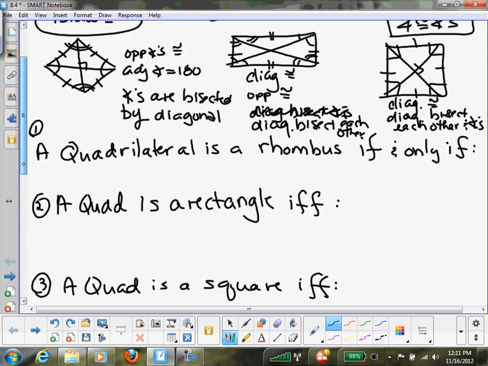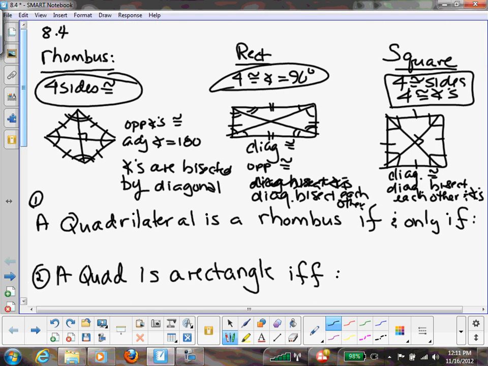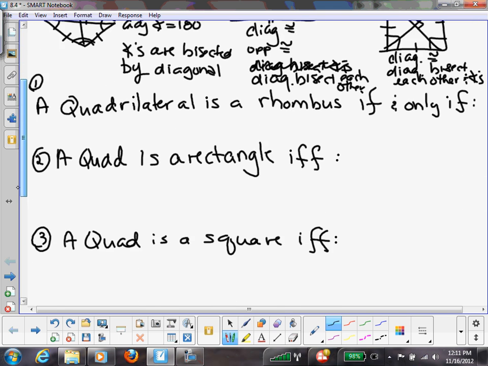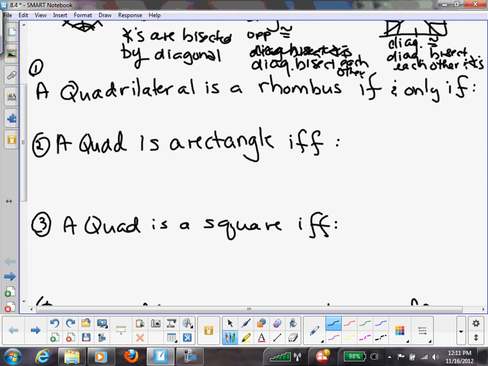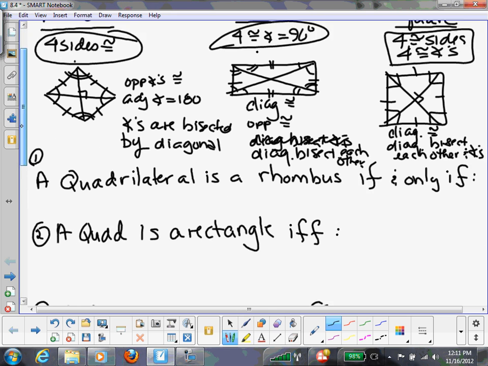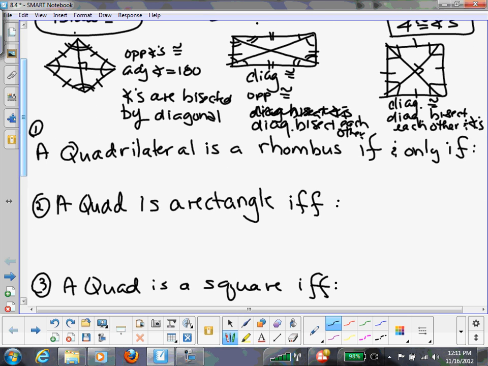Okay, so let's look. Remember, again, if I want to say I have a rhombus, I have to say I have four sides that are congruent. If I want to say I have a rectangle, I have to show four congruent angles. A square, I need to say both four congruent angles and four congruent sides. So, a quadrilateral is a rhombus if and only if what do we need to say? Four sides are congruent, yes. If I want to say, could it be a square?